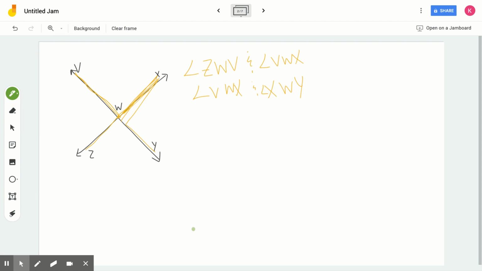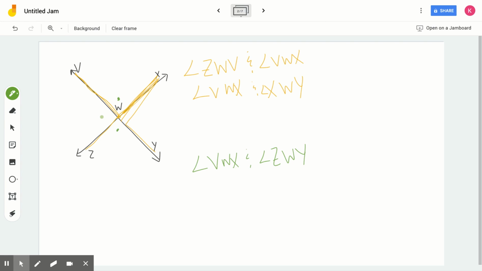Now, if we're going to talk about vertical angles, we can see that this angle and this angle are vertical. Formed by intersecting lines moving in opposite directions, they are congruent. So vertical angle options might be VWX and ZWY.